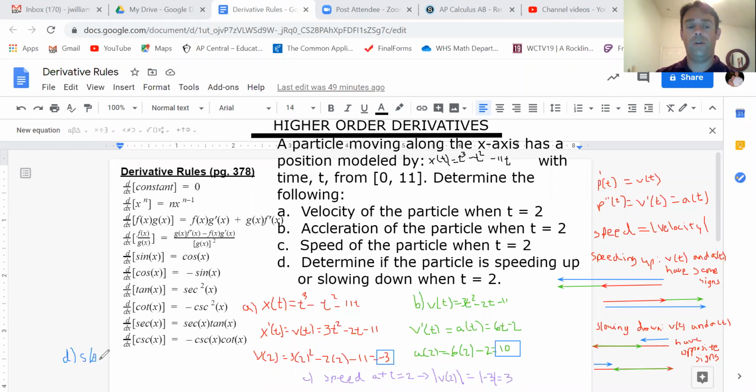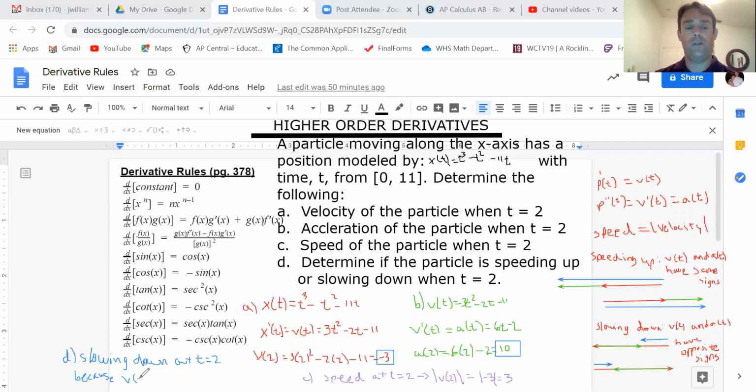It's not always slowing down, so we got to make sure we say when it's slowing down. Slowing down at t equals 2. You leave off the t equals 2, I got to die here. So make sure you add that. Don't put v of t, put v of 2.